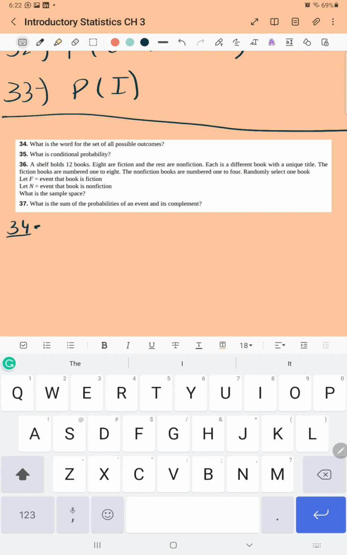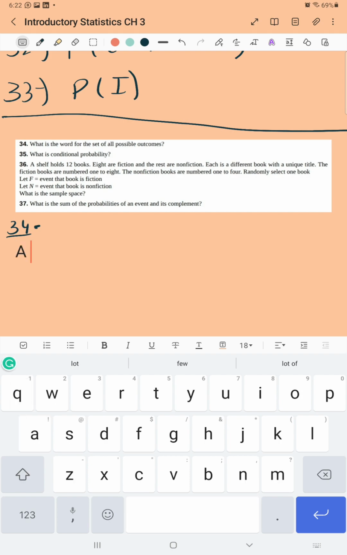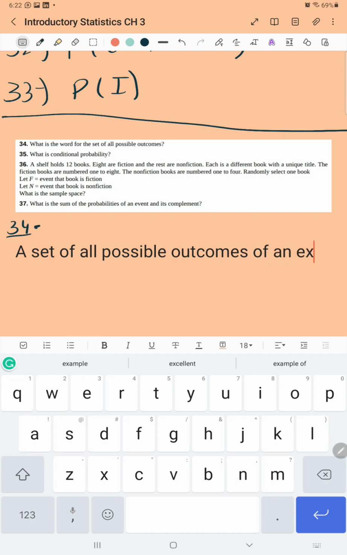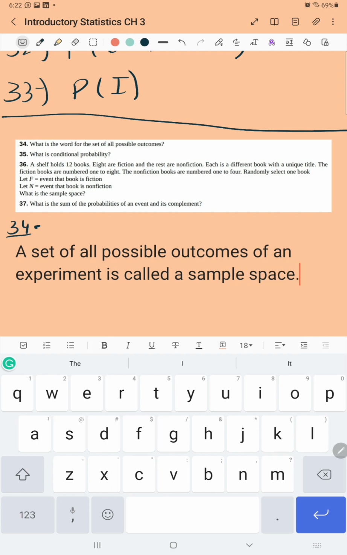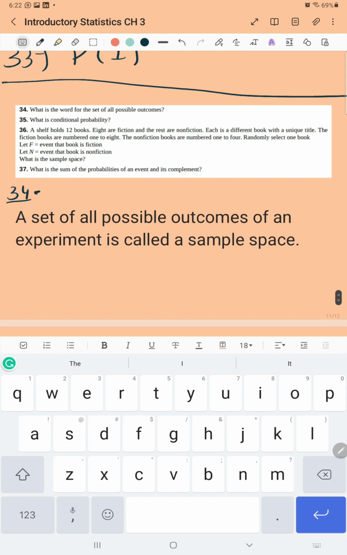So the set of all possible outcomes of an experiment is called a sample space.